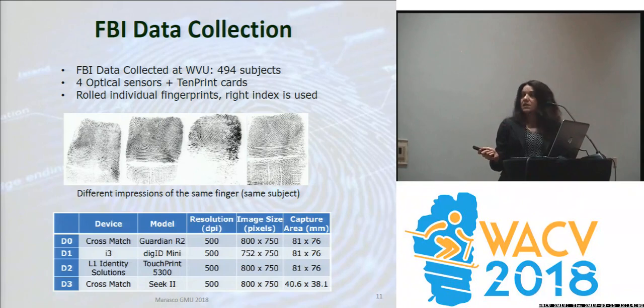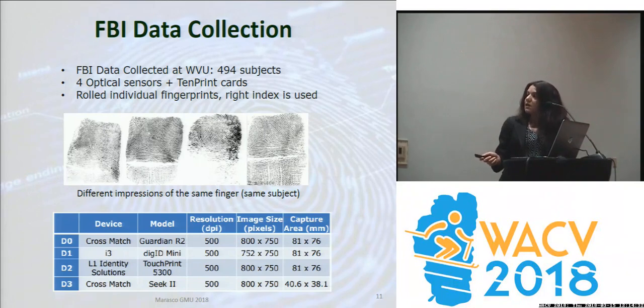The data: at GMU, we got released data from West Virginia University. The database is large, with all 10 fingerprints, but for this study we just used the right index. These are rolled fingerprints, so very good data. For optical sensors and tenprint card, we have almost 500 subjects, the same across the different sensors.